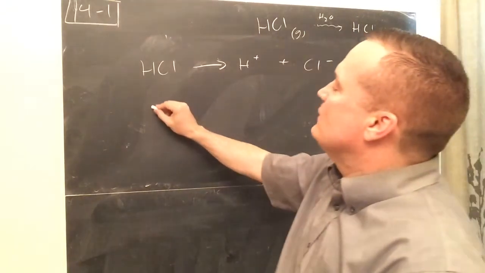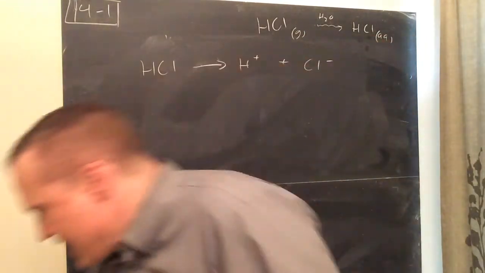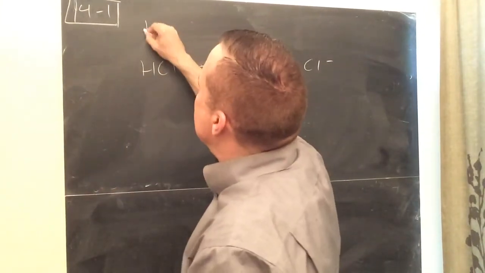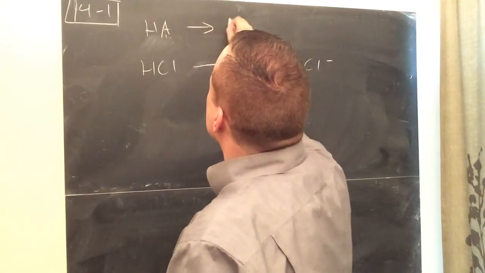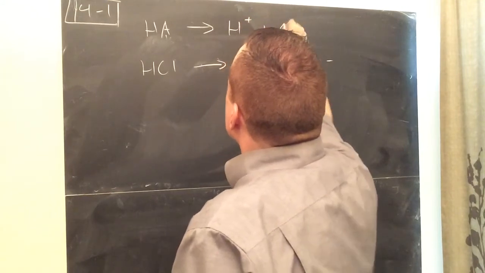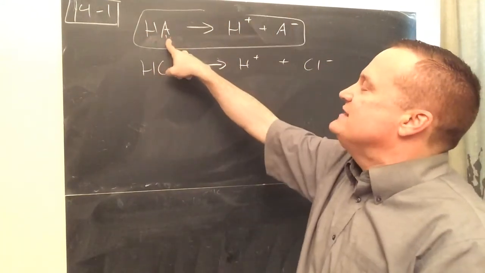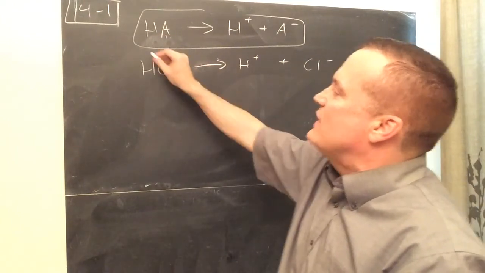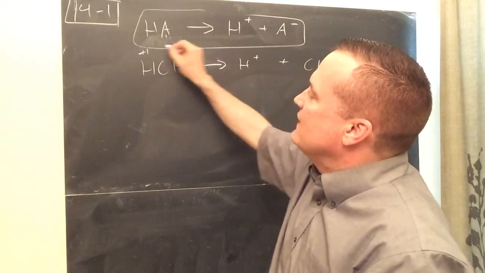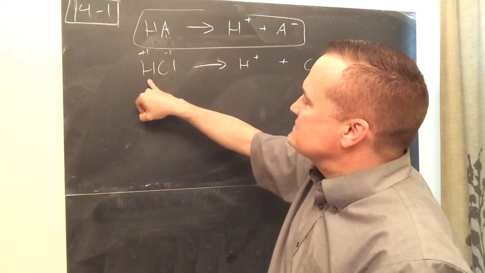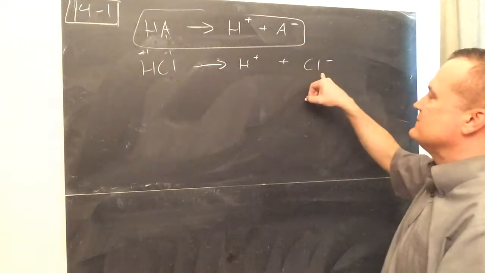The general symbol for anion is A. In fact, sometimes the AP uses this symbol. This is your H plus, and that's the negative ion. H plus 1, and chloride negative 1. Chloride negative 1 is the anion, and that's the H plus. It breaks up into the positive and negative.